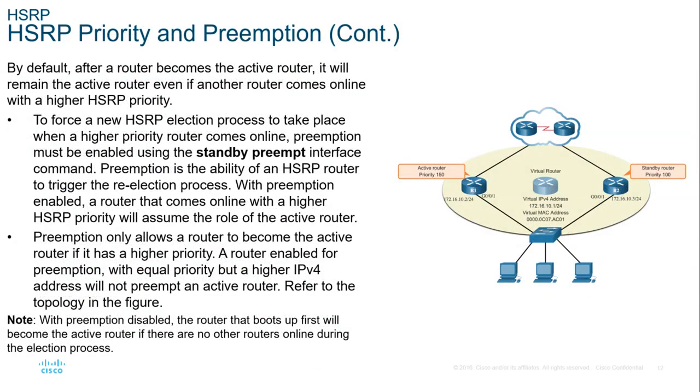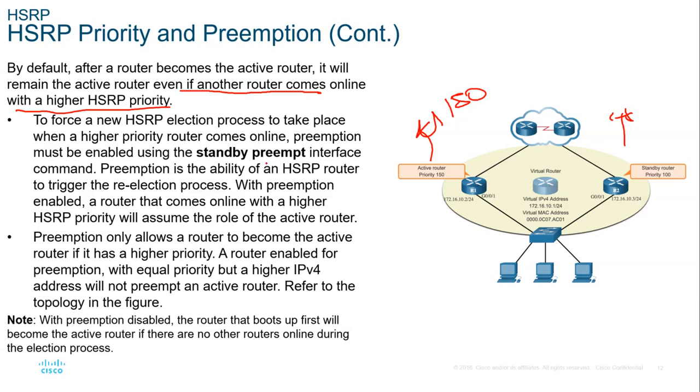After we do that, by default, after a router becomes the active router, it will remain the active router even if the other router comes online. For example, let's say they were on default, and then we raised this one to 150. Then of course, this router would have remained as active.